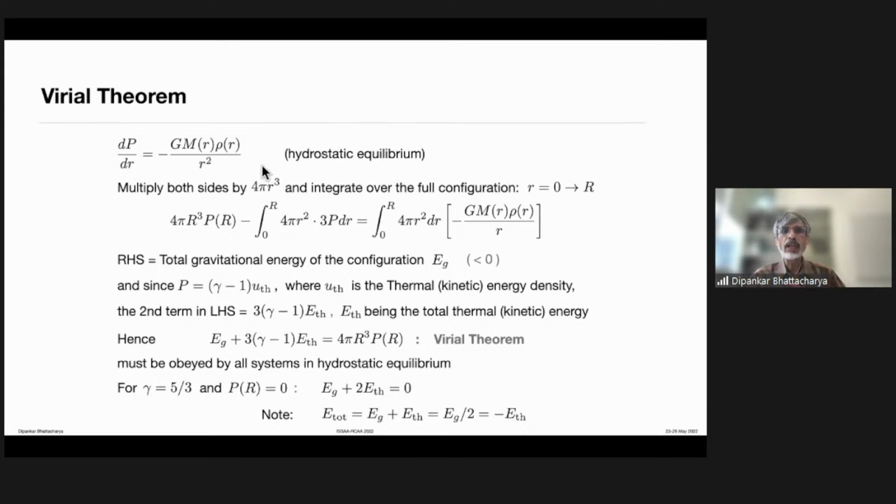Let's multiply both sides by 4 pi r cubed and integrate over the full configuration, with small r going from 0 to capital R. Capital R is the radius of the star.